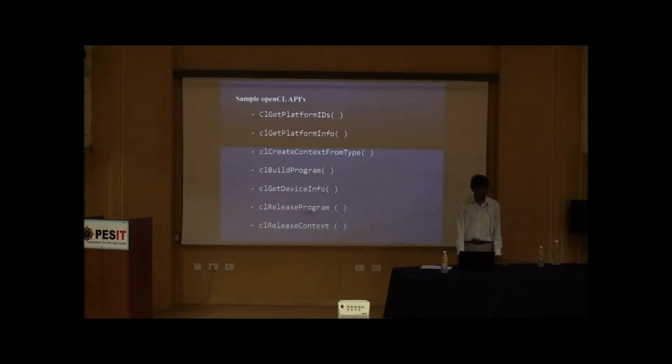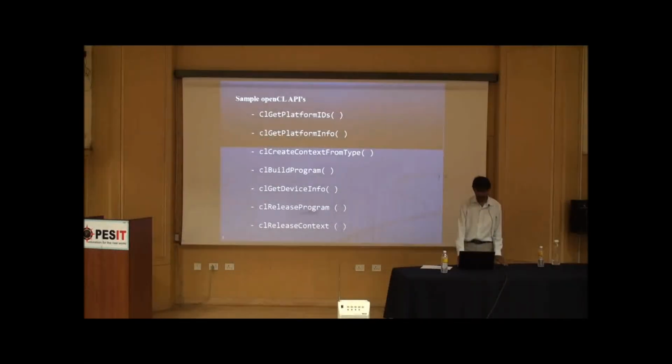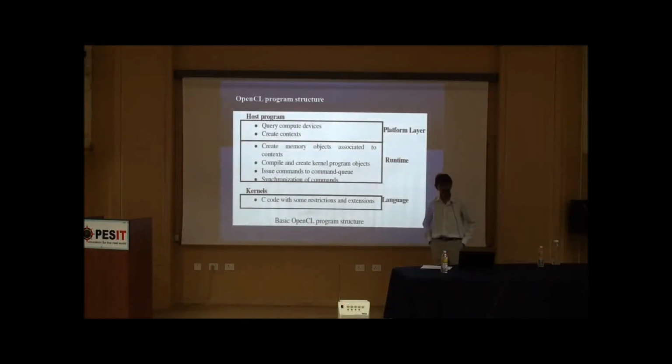We have told that there are 2 ways of building program objects. For online compilation, is there a performance penalty? Actually, that's a very good question. You have offline compilation and online compilation. The same question is raised time and again in Java also. In Java it is also like this. You have a virtual platform layer.